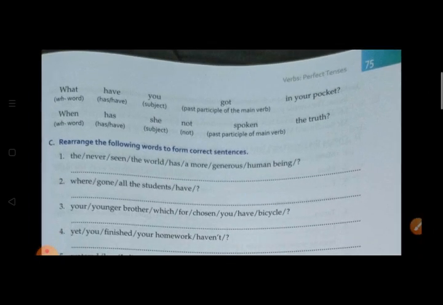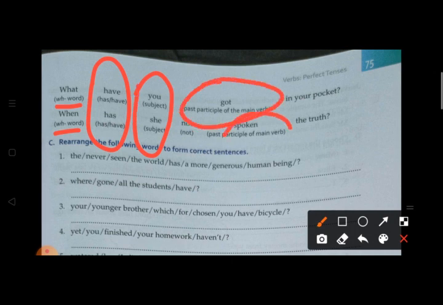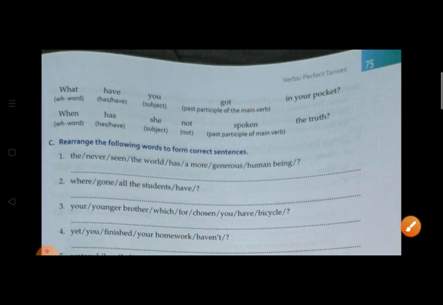If the question is with WH word, right? Just say what, when, who, whom, whose, why, how, right? ये सारे अगर आपके question के beginning में है, yes और no वाले questions नहीं हैं, then we would be placing the same word first, WH वाला. Then we are going to write has और have according to the subject. Then we would be placing our subject and then the past participle. And if not is there, you can write it after the subject और you can write along with the has और have auxiliary verb. ठीक है, जैसे कि what have you got in your pocket?